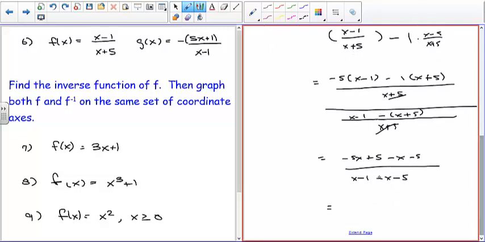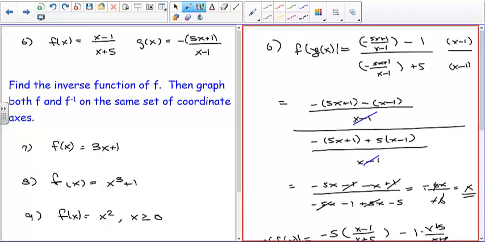Okay, so this cancels out with that. This cancels out with that. So I have negative 6x in the numerator, negative 6 in the denominator. That comes out to be x. So let's go back to this first one and see where I made a mistake. Okay, yeah. So what I did here was I multiplied.